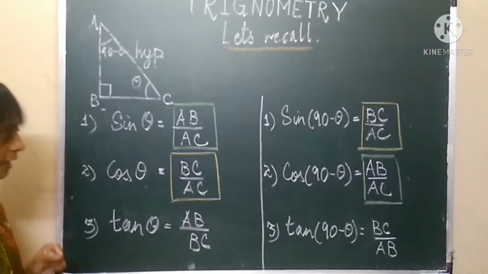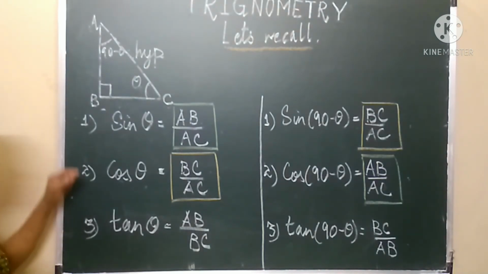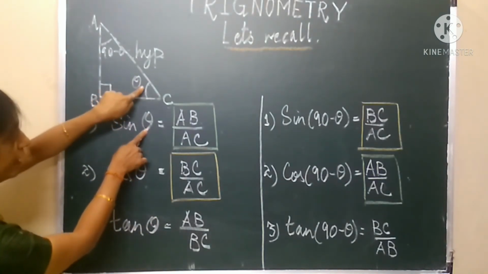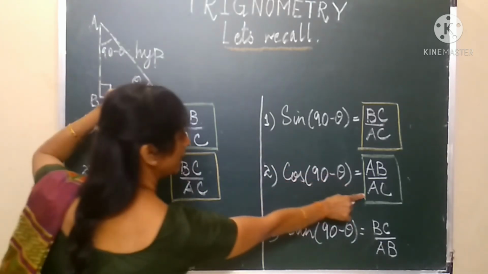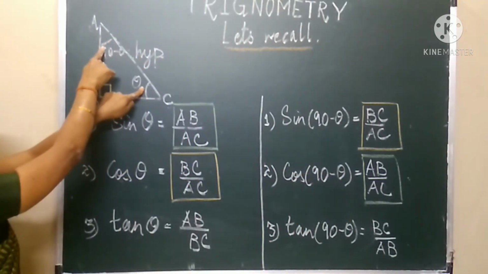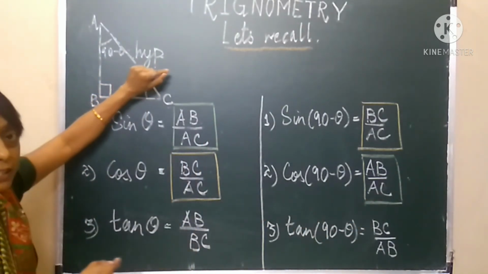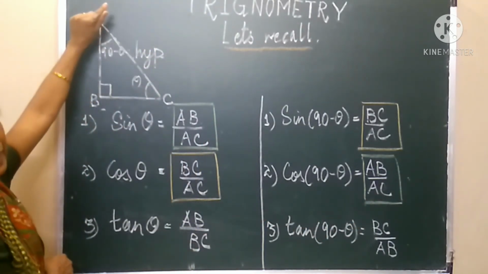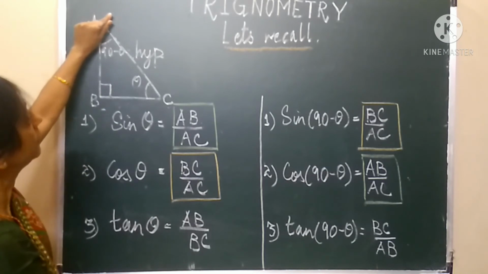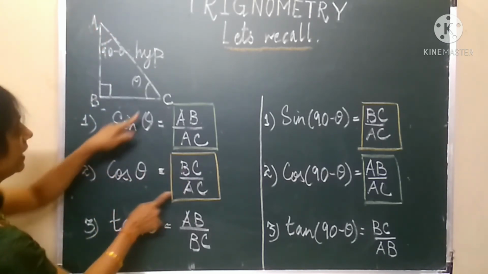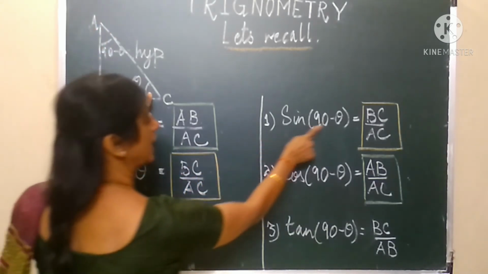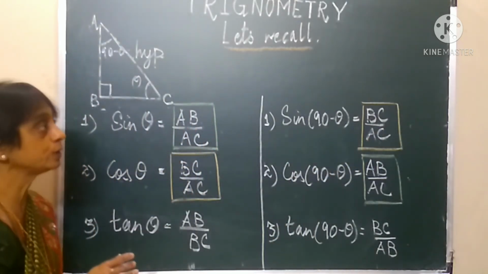So children, what can we conclude? We can conclude that sine of one angle is equal to cos of the other acute angle. The answers are the same. So if we find out sine of one angle, that answer is equal to cos of the other acute angle. Cos of one angle is equal to sine of the other acute angle.